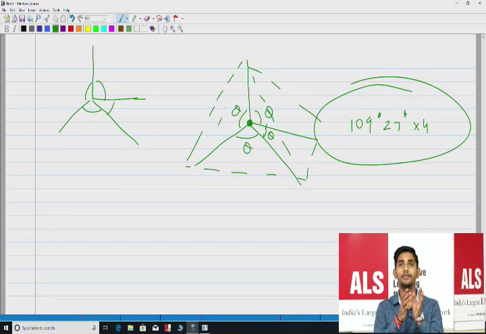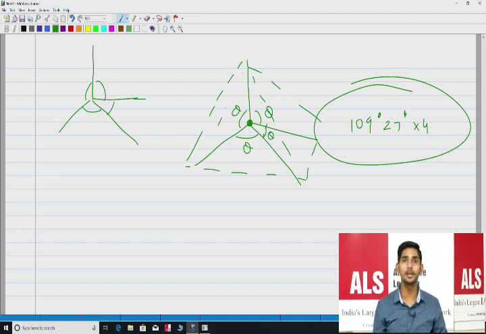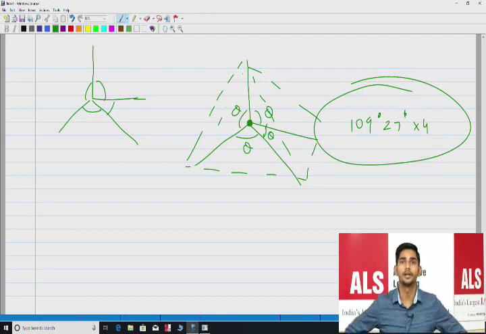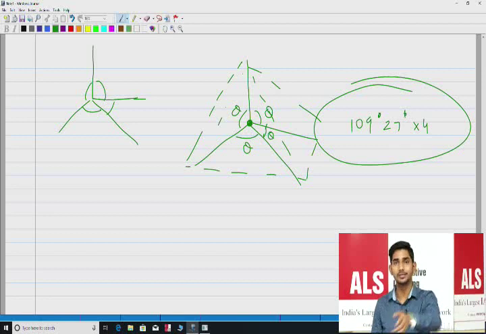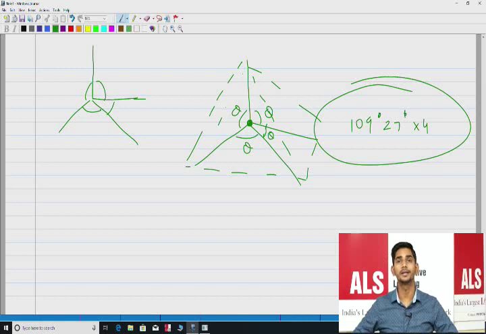In geometry, we have the circle and the triangles, which are 2D concepts, but this is a 3D concept. So in the 3D concept, this is the maximum possible arrangement. First of all, differentiate between the two terms: the tetrahedral is a 3D arrangement where you can get the maximum bond angle of 109 degrees.